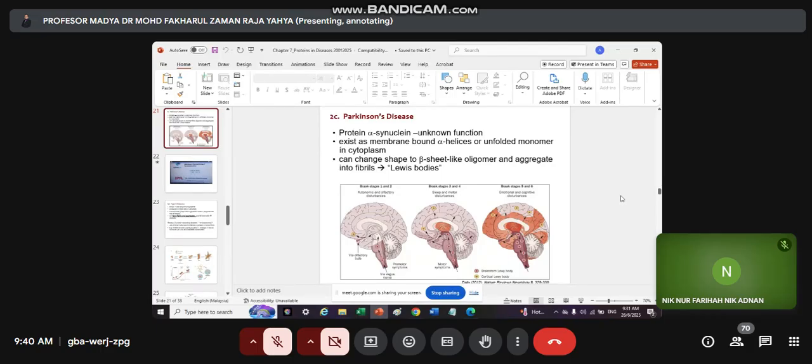And this aggregate can lead to formation of fibrils, which are commonly called Lewy bodies. So Lewy refers to the scientist who discovered this kind of abnormality of alpha-synuclein protein. From the different stages here, for example stage 1 until stage 6, we can see the abnormality due to Parkinson disease.